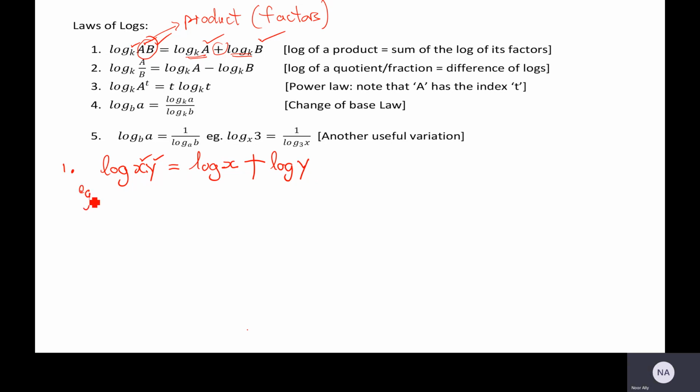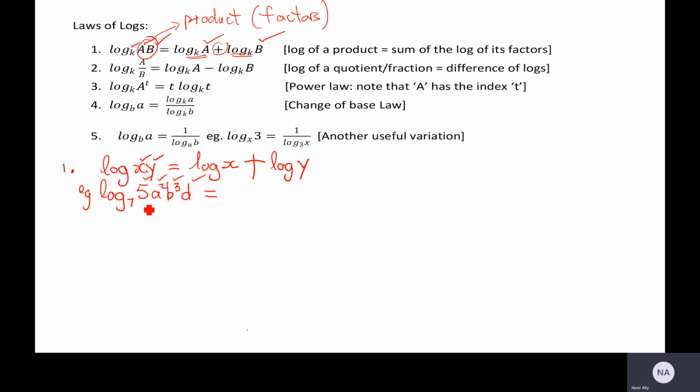Let's do more examples of that. And that can be expanded. Log, let's say, to the base 7 of 5 a squared b cubed d. Now look at that carefully. That is our base 7. And how many factors do you have there? 1, 2, 3, 4.